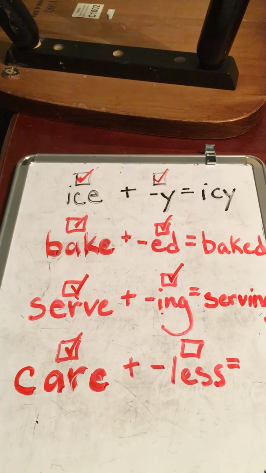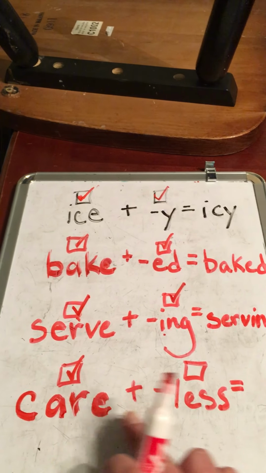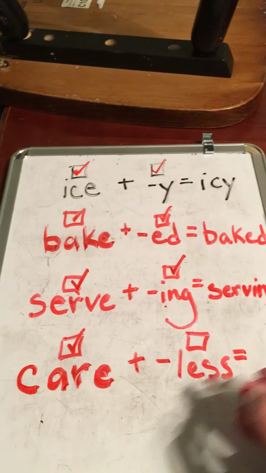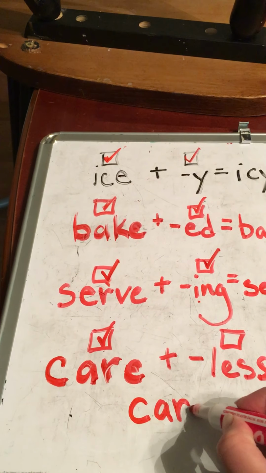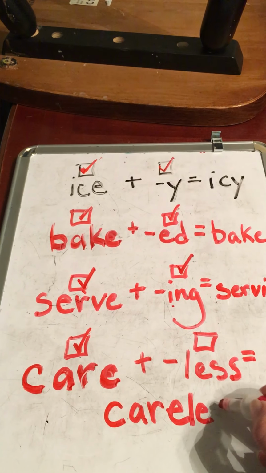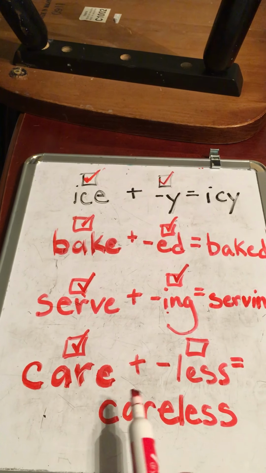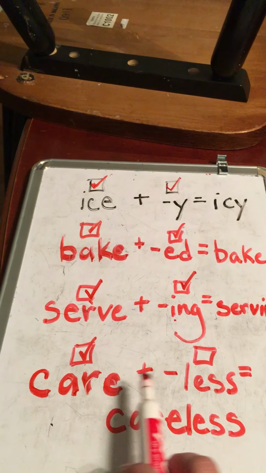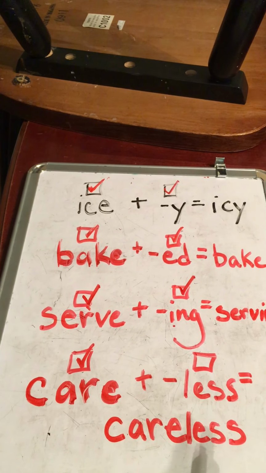I don't have to drop anything. Remember, we only drop it if they both have those vowels, if there's two check marks. So now when I write the word careless, I'm going to keep it exactly the same, care, and just add the suffix, careless. The only time I drop that E is if it ends in a sneaky E here and the suffix starts with a vowel.